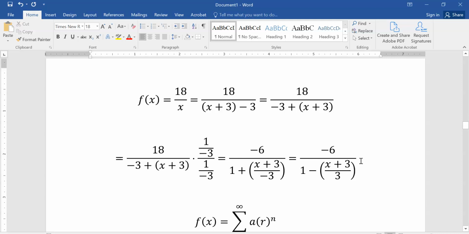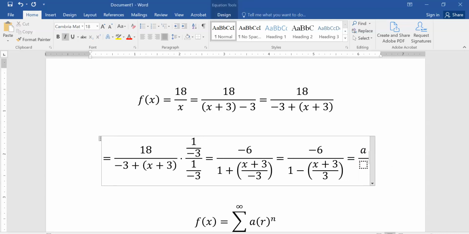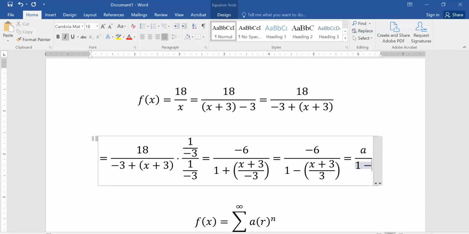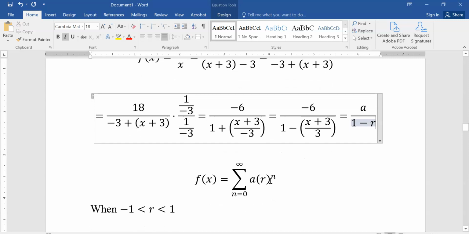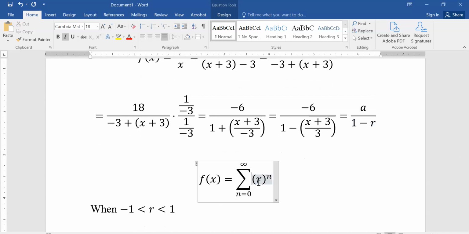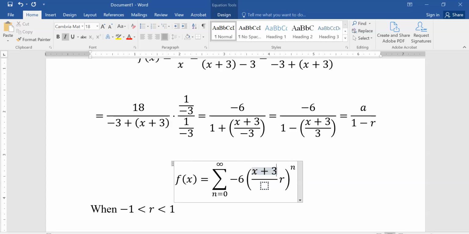Well, now we have the form we want: a over 1 minus r. A is -6. R is x plus 3 over 3.